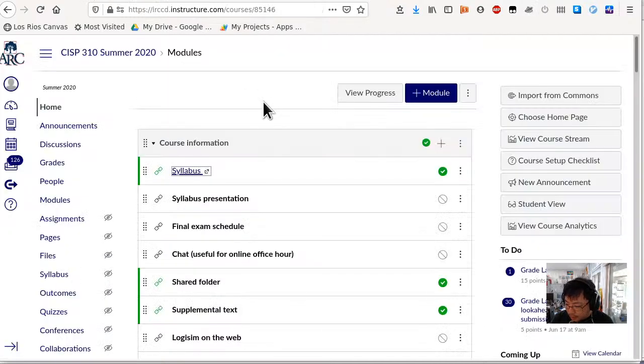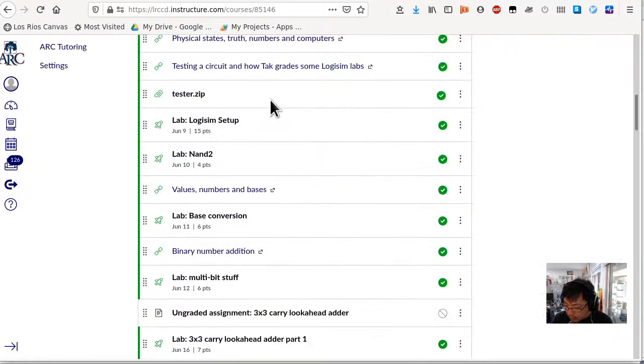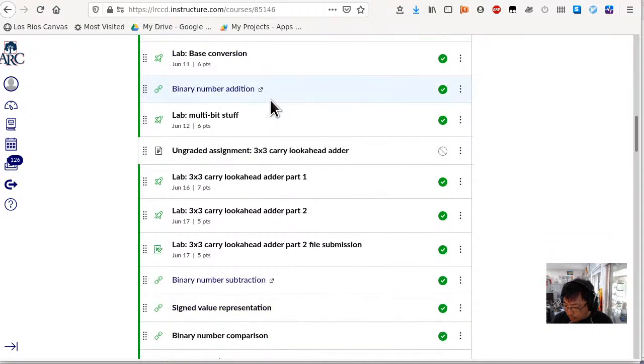So that being said, we are moving on, and we are going to continue to talk about floating point numbers. The scope of the test, I'm pretty sure some people have that in their mind already at this point, which is what is included in the exam. I am going to include everything up to and including number comparison, binary number comparison. So what I'm going to introduce now, which is floating point numbers, is not going to be in exam 1.